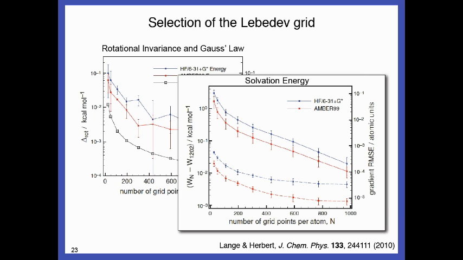And so you see that difference goes to 0, of course, as n approaches 1,202. And again, for n equals 590, which is our default, those energetic differences are smaller than 10 to the minus 2 kcal per mole, which is basically 0.